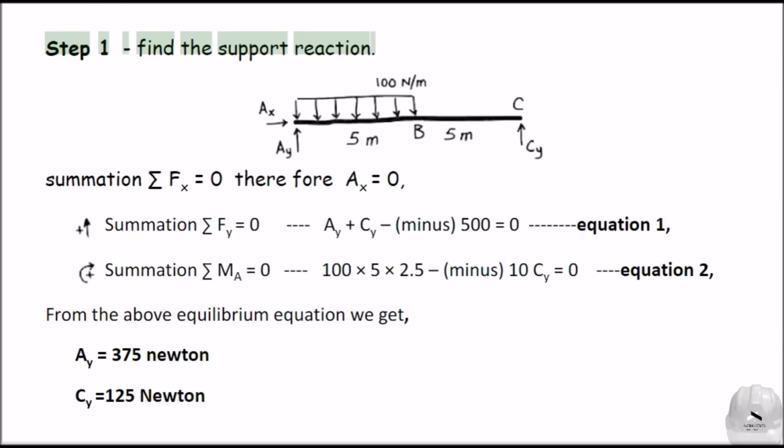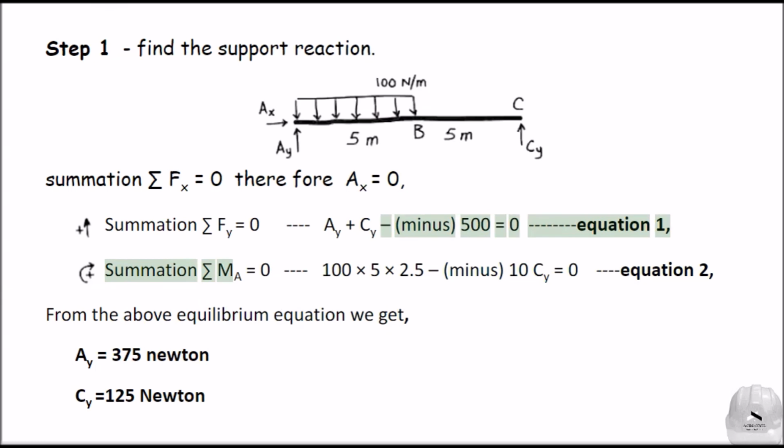Step 1. Find the support reactions. Summation F X equals 0, therefore A X equals 0. Summation F Y equals 0: A Y plus C Y minus 500 equals 0, equation 1.